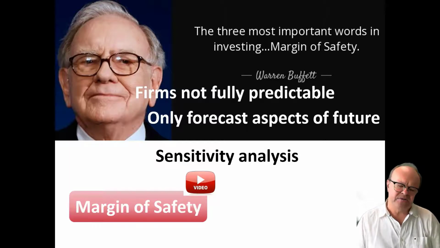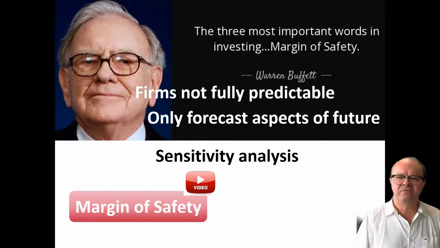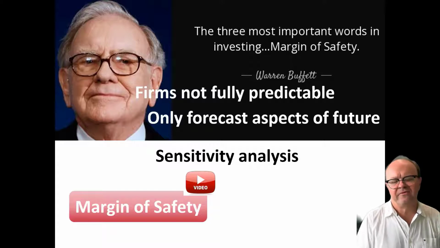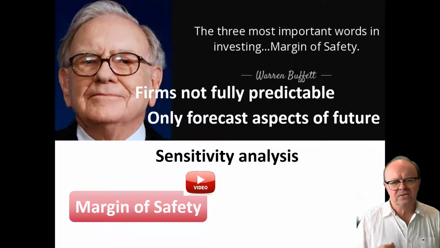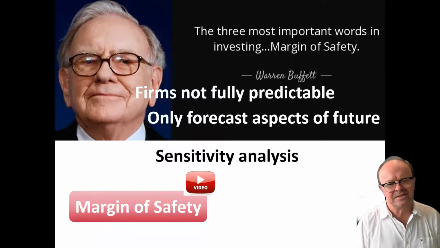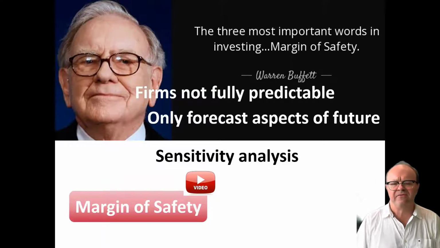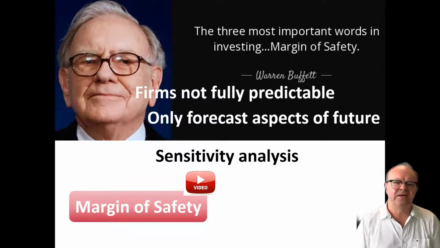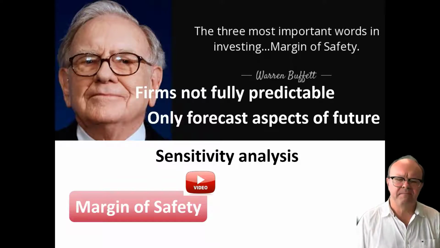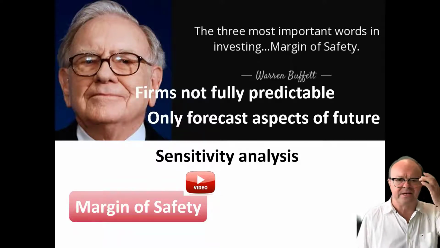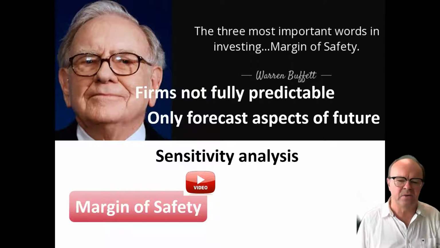But if we have a margin of safety when we're transacting, then that can skew the risk-return in our favour. And it's also important to do sensitivity analyses with our valuations of our firms: change some of the inputs and see what effect it has on our measure of value. That helps us get a sense of risk in our valuations as well.